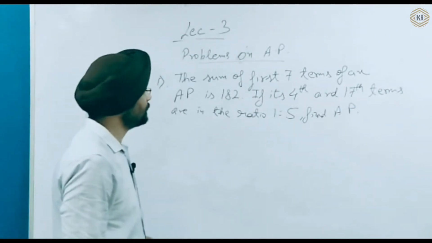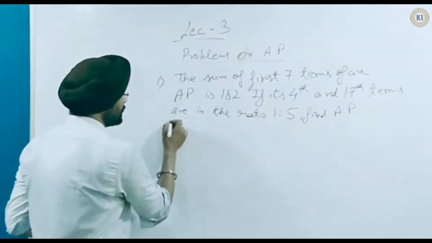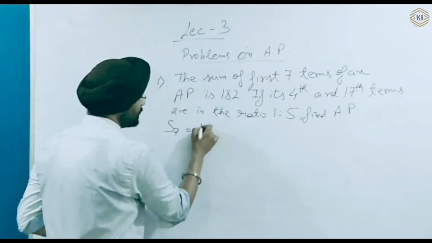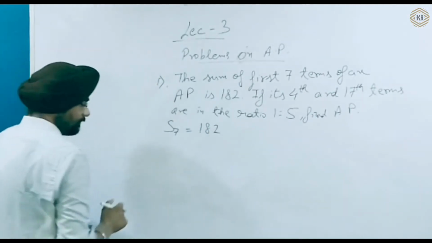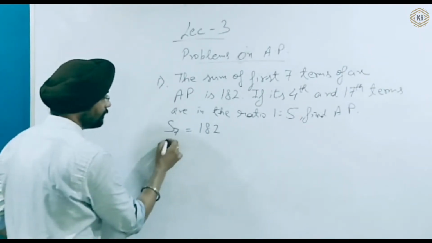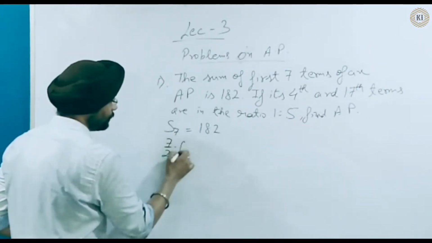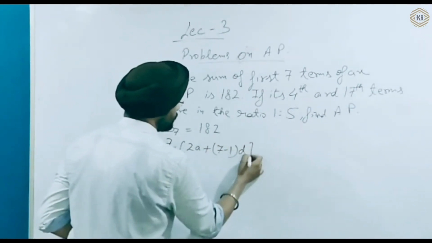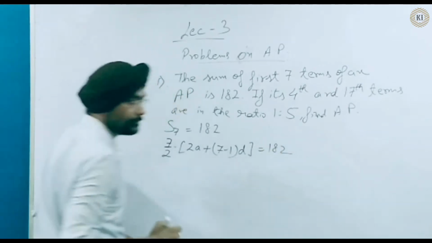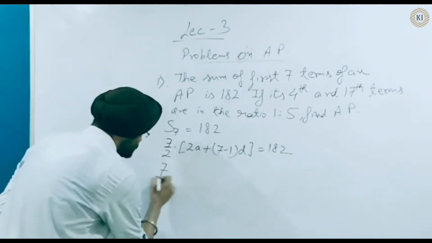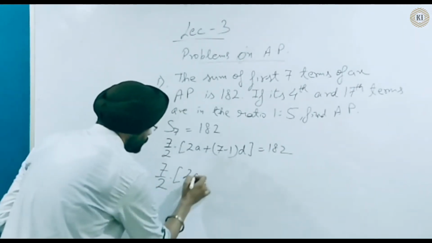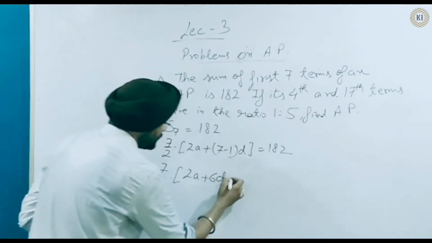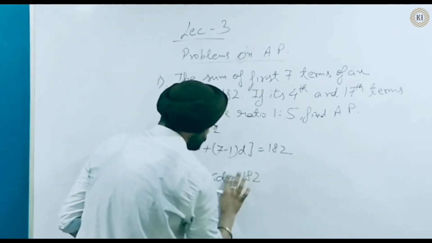Now see, the question is saying that the sum of the first 7 terms of an AP is 182. It means that the value of S7 is given as 182. We can calculate by the formula n/2 into (2a plus (n minus 1) d) equal to 182. It will come 7/2 into (2a plus 6d) equal to 182.